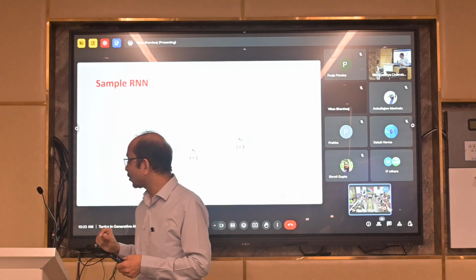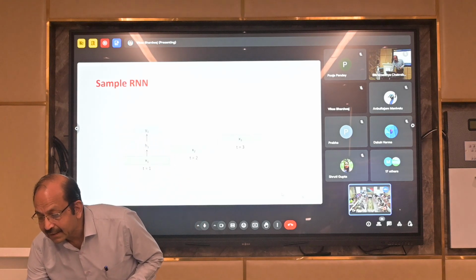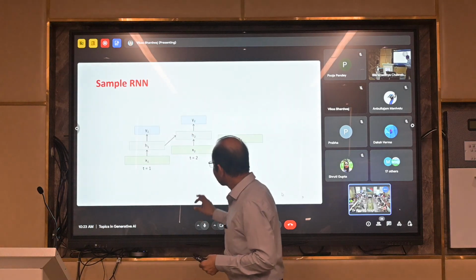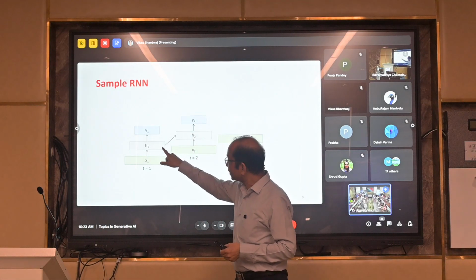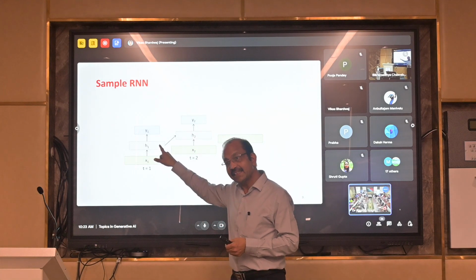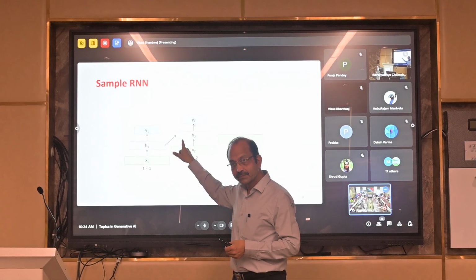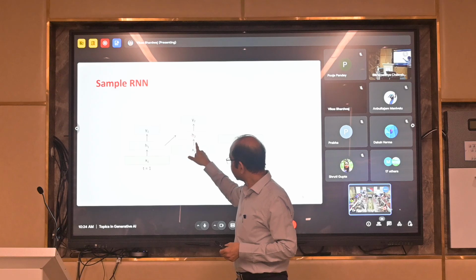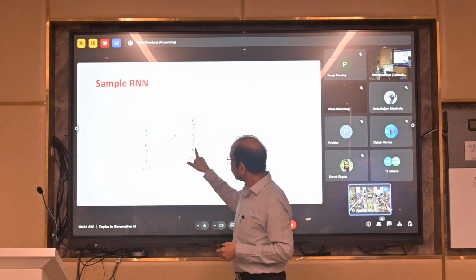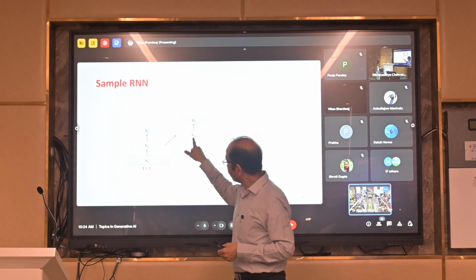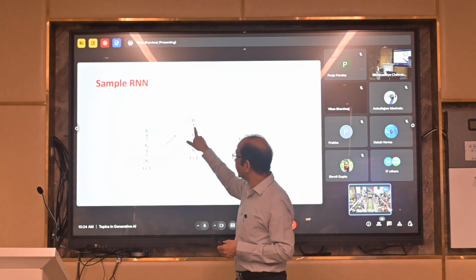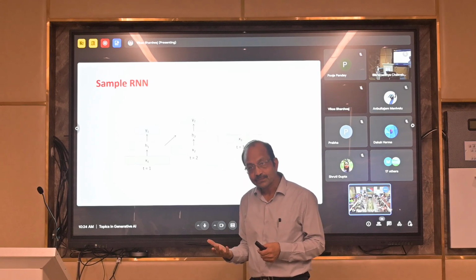So in this case, how do I model? It is going to look into what was the earlier state at t equal to 1. That will also go as an input to this module. X2 is also an input. Based on these two inputs, it is going to give output y.